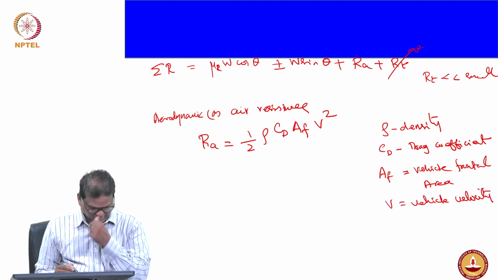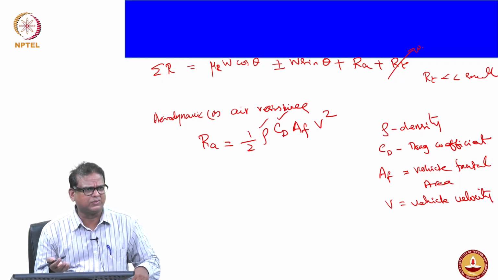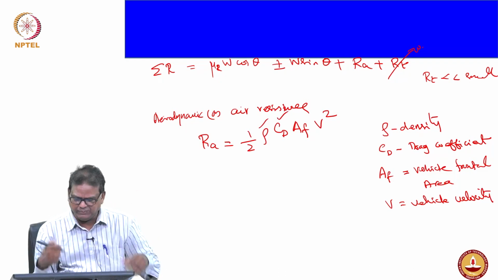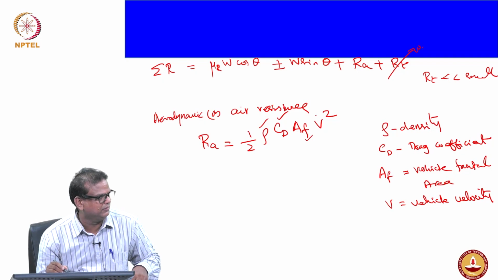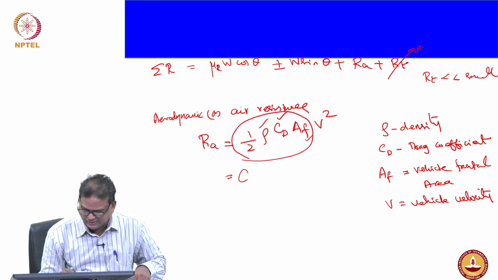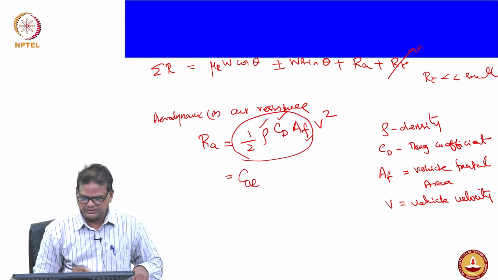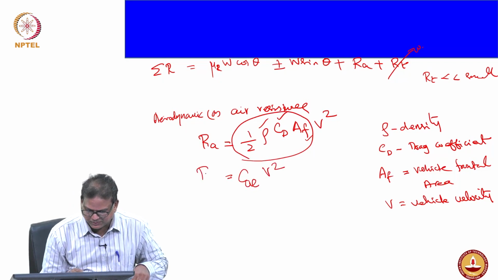Among these terms, the density is constant, the drag coefficient is also constant for a given shape, and the frontal area is also constant. So finally it is V square that is the variable for braking. So I will combine all these terms as CAE, the coefficient of aerodynamic resistance, with V square with respect to RA.